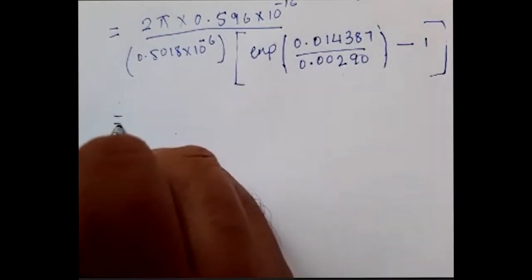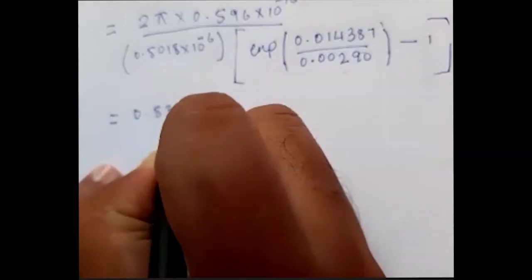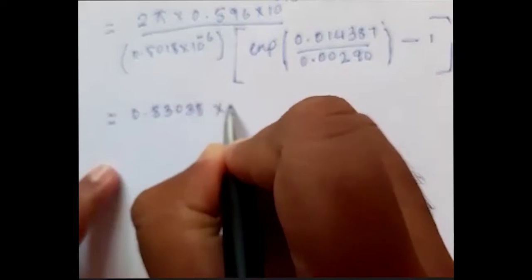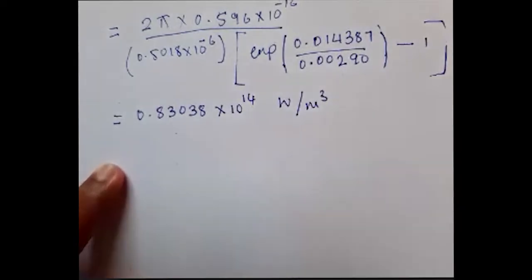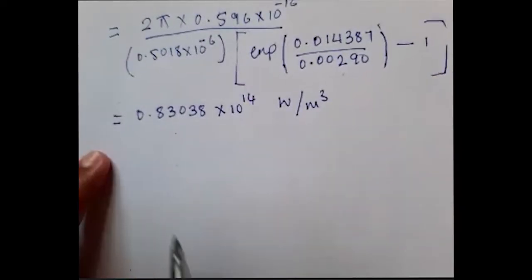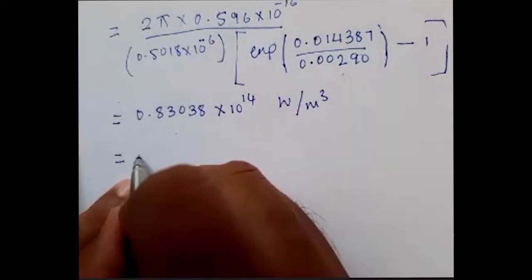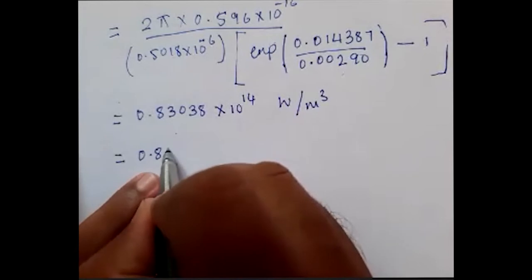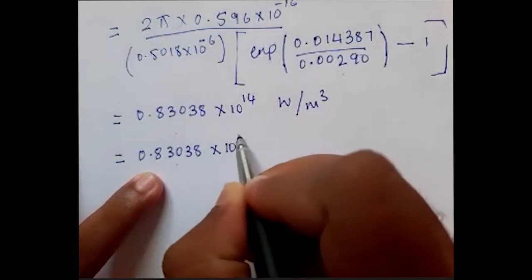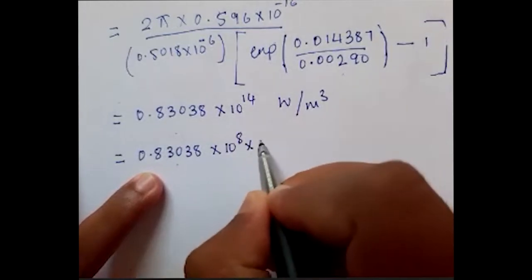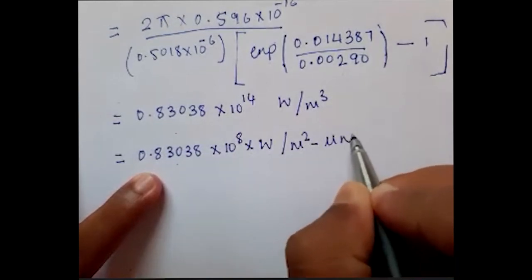This will give me a value of 0.83038 into 10 raised to 14 watt per meter cube. We have to convert this to micrometers. So it is 0.83038 into 10 raised to 8 watt per meter square micrometer.